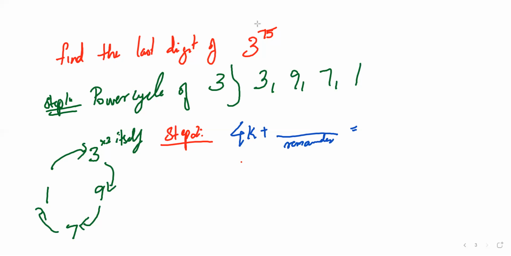The power is what here? 75. So I write here what? I'll draw here. This 75 to bring it over here. I'll write it down there in the pink color.